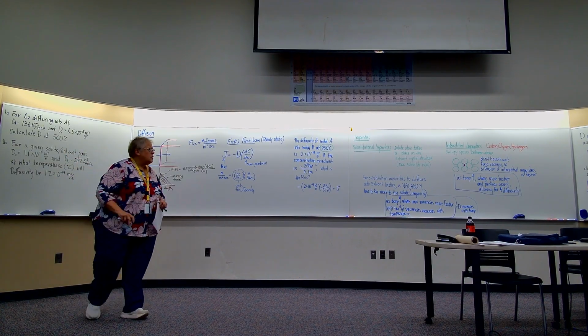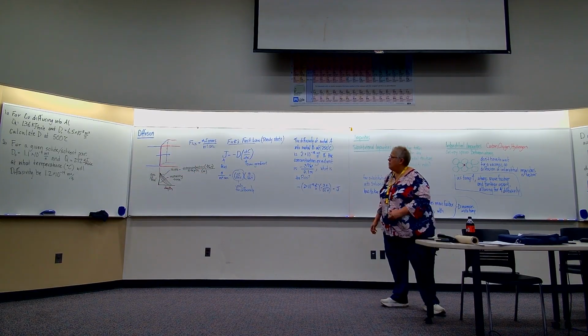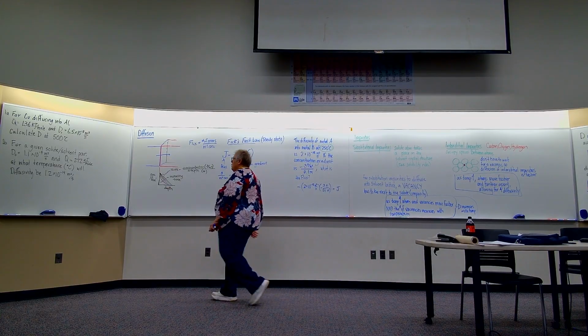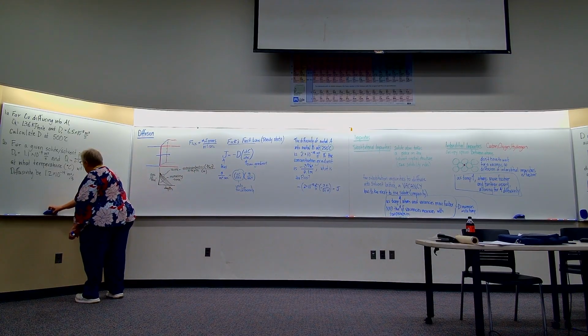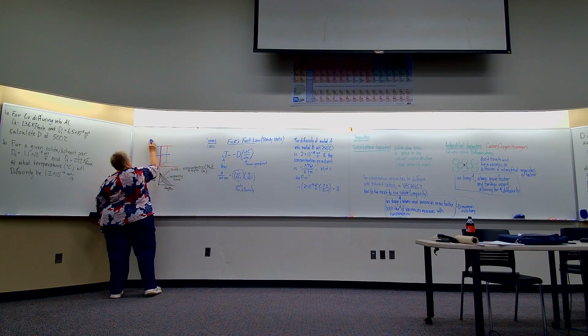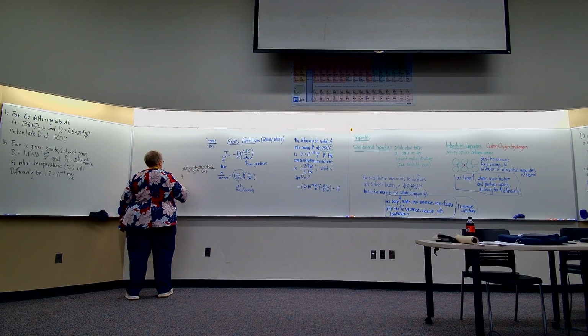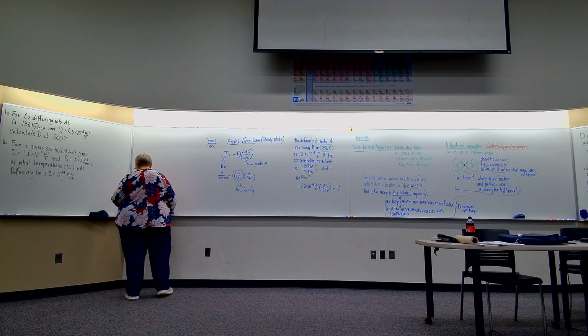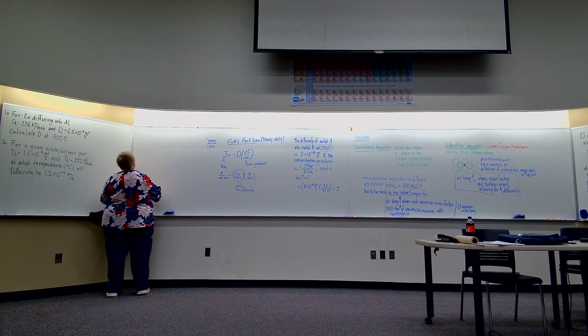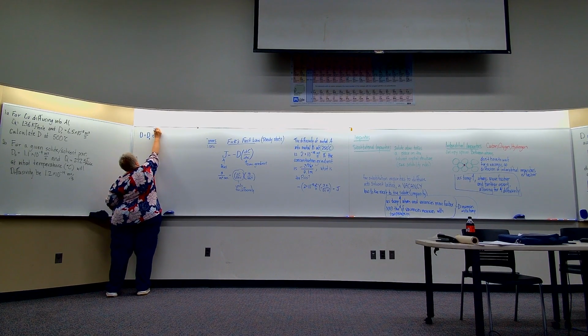Those are the two type 1 questions. Let's do those first. The equation we've got is D equal D0 e to the minus Q over RT.